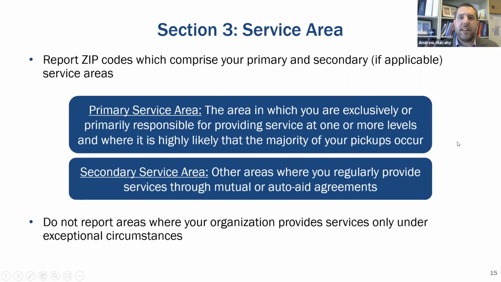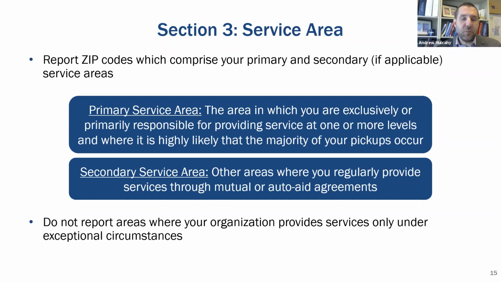Section 3 is service area, and there are some questions that CMS has recently addressed and clarified about the definitions in this section. The way that you'll report your service area is using zip codes. And in the web-based version of the instrument, there are a couple methods to enter those zip codes that are under development.